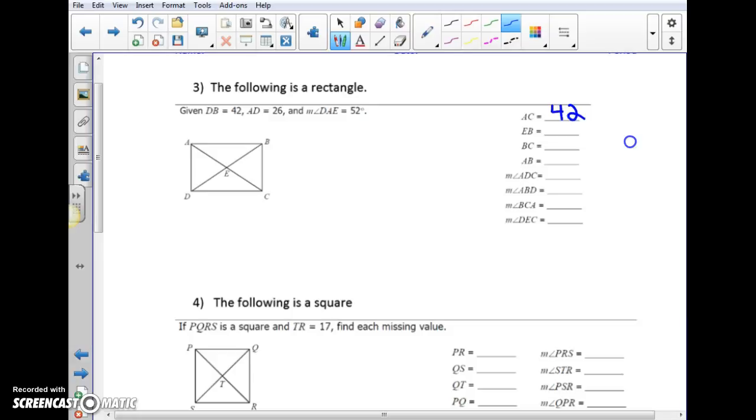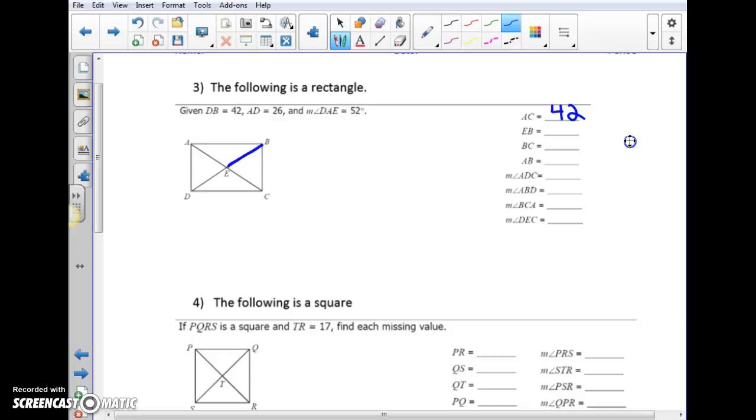And the reason I'm going to say that it's 42 is because DB, the other diagonal in this problem, is also 42. And one of the properties about rectangles here is that the diagonals are congruent to each other. So if DB is 42, AC is 42. The next one, EB. EB is this portion right here.